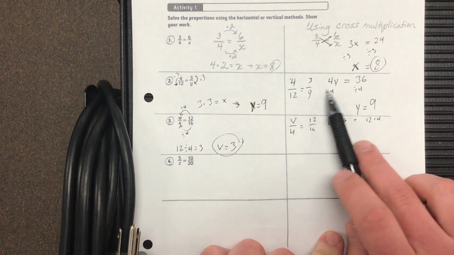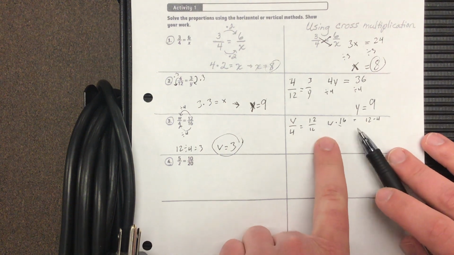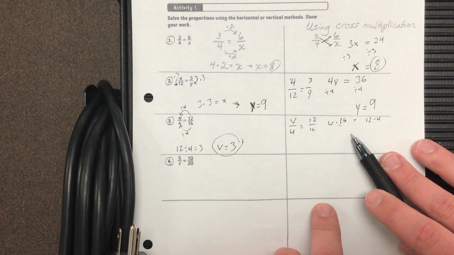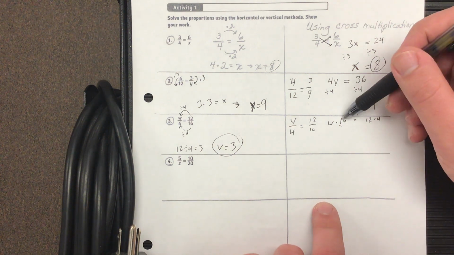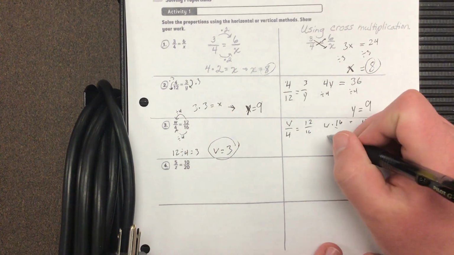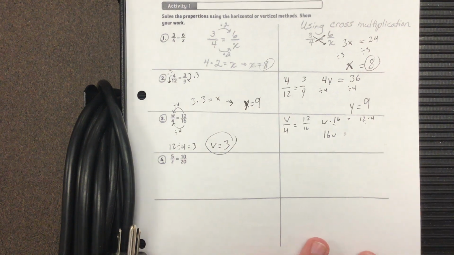But I'm dividing. Hold on. You divided? Well, we're cross multiplying here. We're in this one now. So we can't divide, we have to multiply. So W times 16 is 16 what? W. Can you zoom in? Yep. Yeah, I was gonna say.